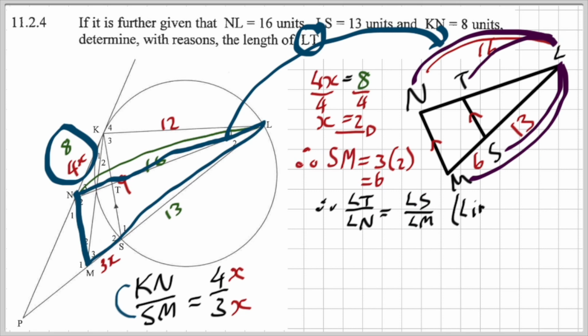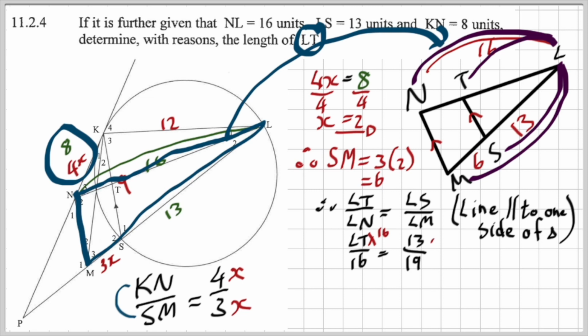And what's my reason? Line parallel to one side of the triangle. Next up, ladies and gents, I'm going to say times by 16 and times by 16. So LT is 10,95 units.